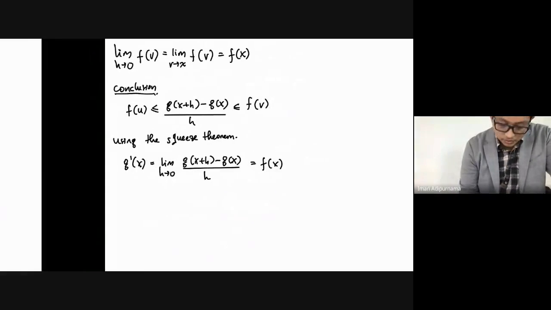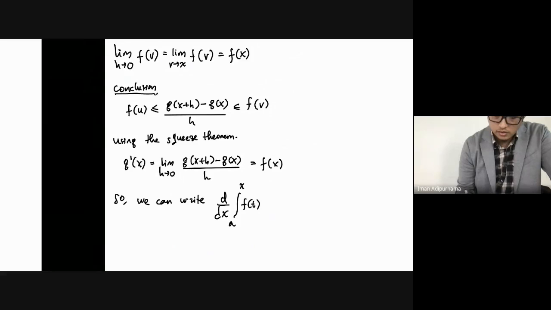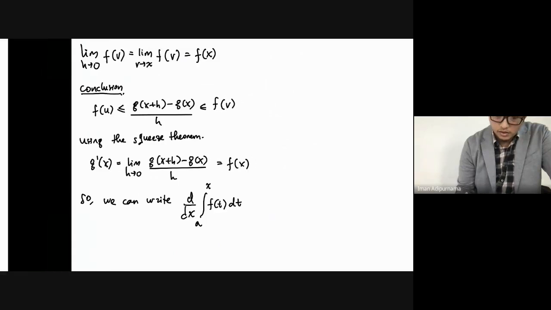Okay, so we can write d/dx of the integral is equal to f of x.